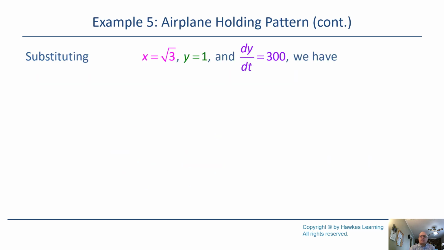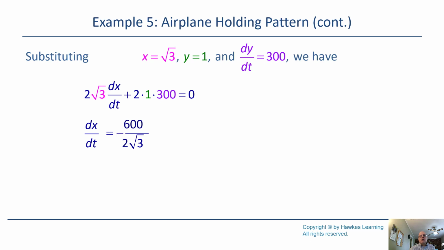Now, since we want dx/dt, we're going to put these numbers in, and dx/dt is the only part that we don't know. We're going to have to work with all those things carefully and solve that for dx/dt. So bring that 2 times 1 times 300 to the right side of the equation, and then dividing by 2 square root of 3.